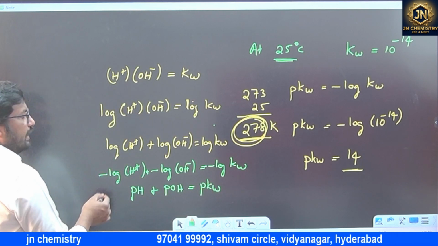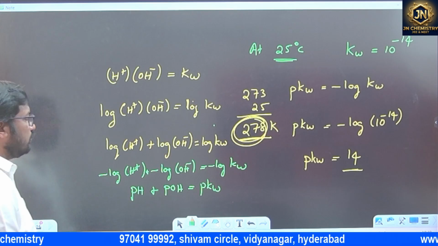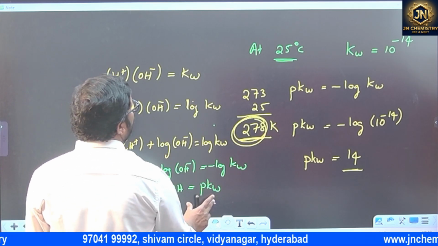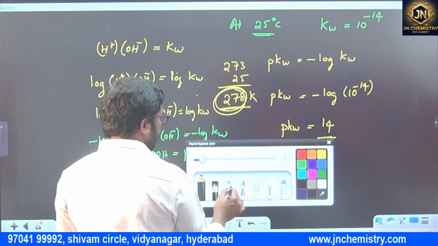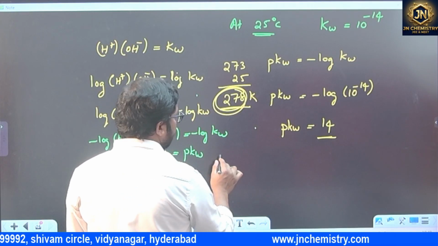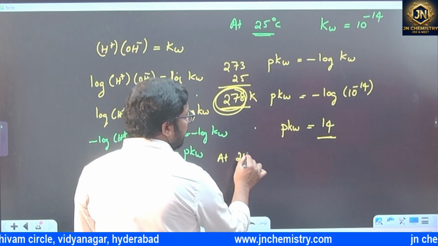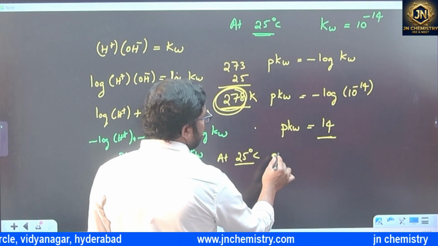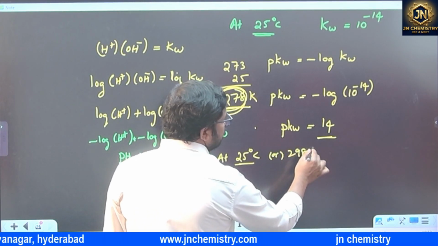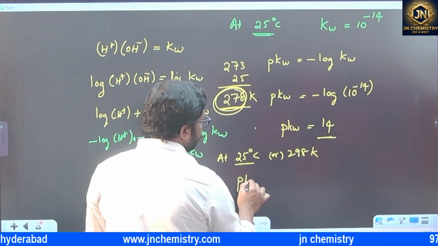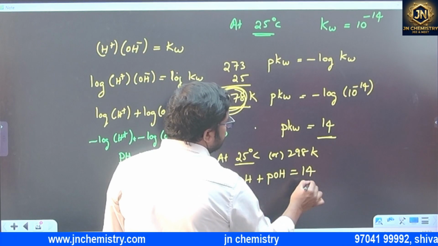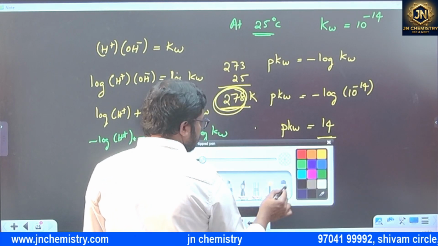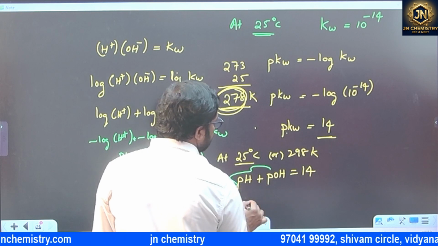So at 25 degrees centigrade, pH plus pOH is equal to what? Right. At 25 degrees centigrade, once again I mention, 25 degrees centigrade or 298 Kelvin, pH plus pOH is equal to 14. So this is the relationship between pH and pOH.